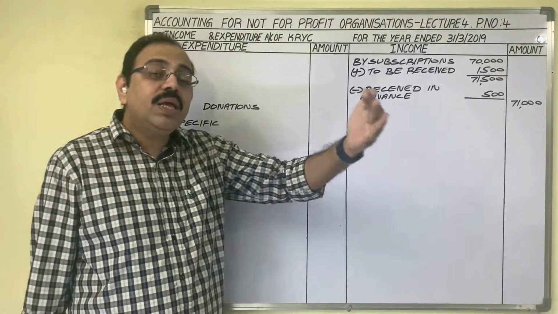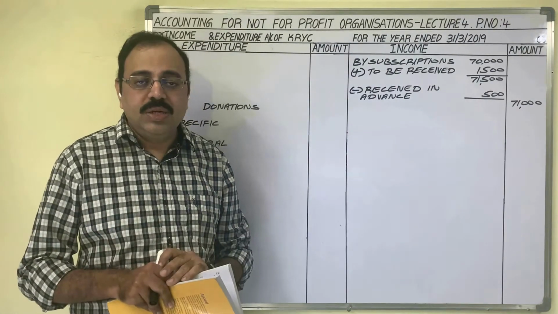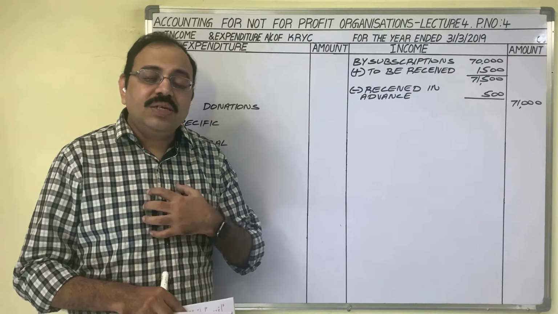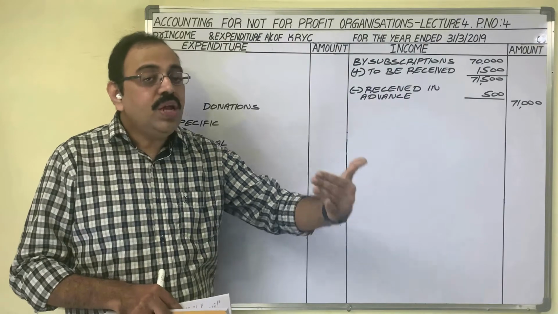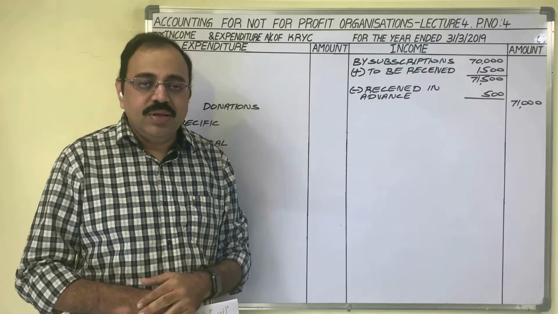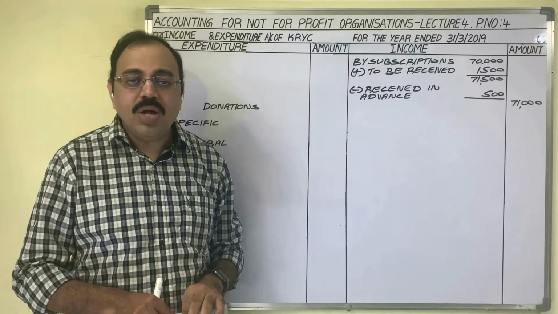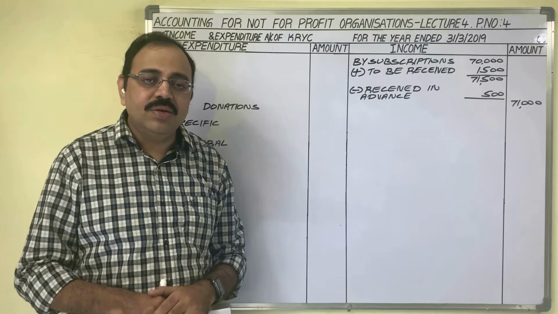If a donor gives that donation amount for a specific purpose, it is known as specific donation. For example, we are constructing one building. So donor gave that amount only for construction of building. Then this donation is known as specific donation, because that money we should use only for the construction of building.